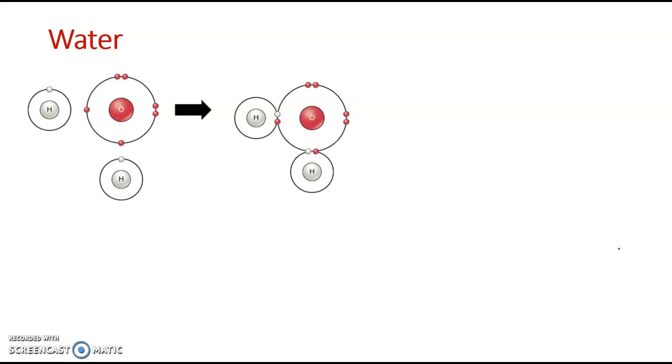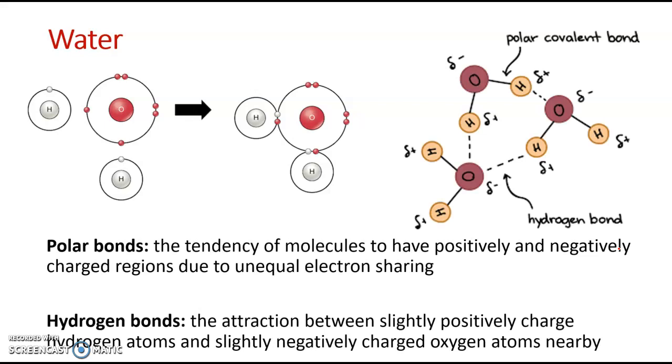Because these bonds are unequally shared, they're going to form these charged regions on the molecule of water. So the side that contains the 2 hydrogen atoms is going to have a slightly positive charge.